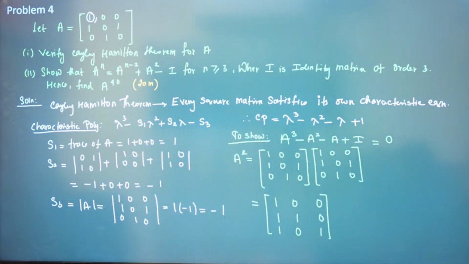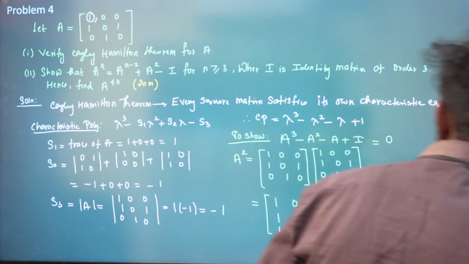Now similarly you find A cube, right? A cube is A square into A. So A square is 1 0 0, 1 1 0, 1 0 1. What is A cube?